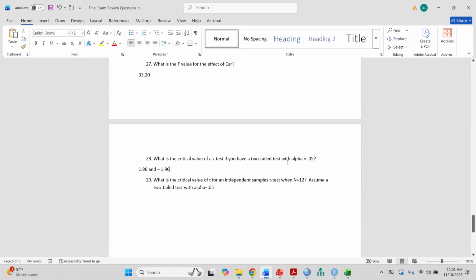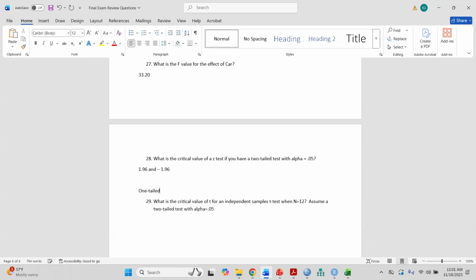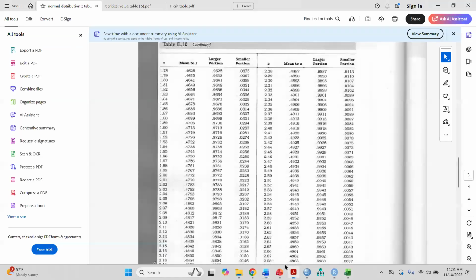If it asks for a one-tailed test, that's 1.64. Or if you're looking at the bottom of the distribution, then it'd be negative 1.64. But let's go figure out how I came up with these numbers. In the case of a two-tailed test with alpha is 0.05, you remember you have to split alpha into each of the tails, so it becomes 0.025.